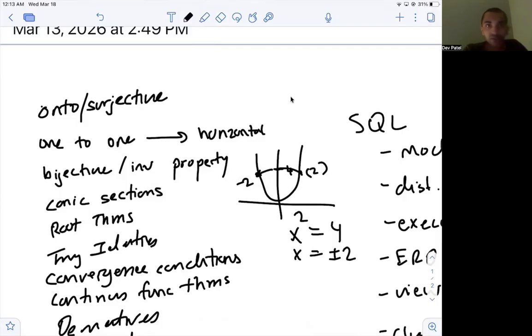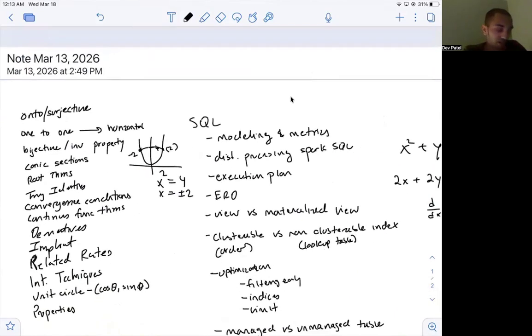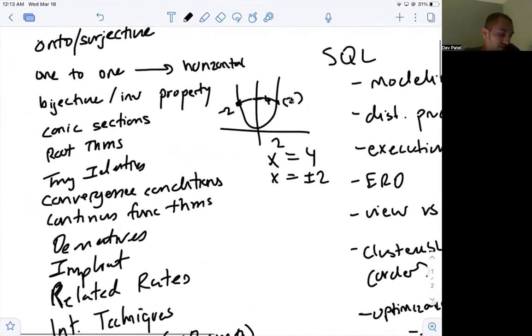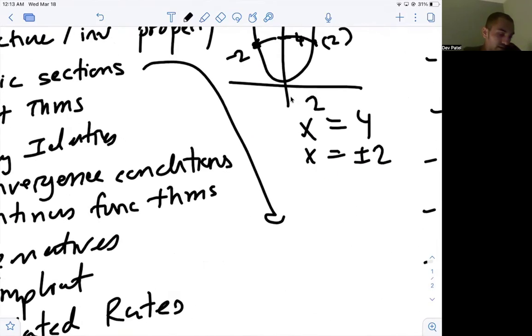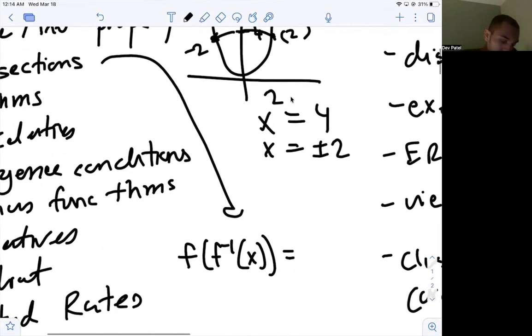Now, if the function is one to one and it is onto, surjective, then it is also bijective. One of the properties of bijective functions is that if you evaluate the function at its inverse, you get back the value of x.